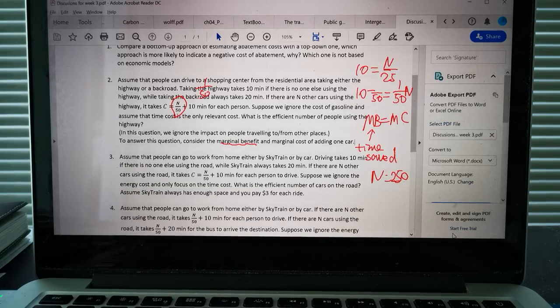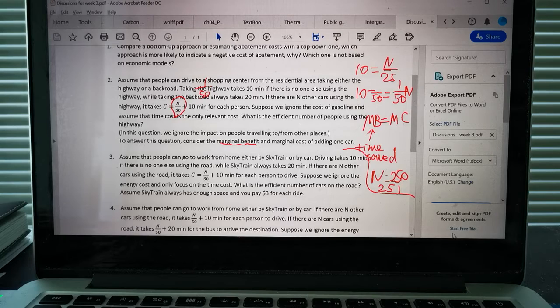So for the 251st car, if you add it to the highway, it creates exactly the same marginal benefit and the same marginal cost. So it doesn't matter if you add the 251st car to the highway, right? So you can answer either 250 or 251. Both are okay. Both are correct.